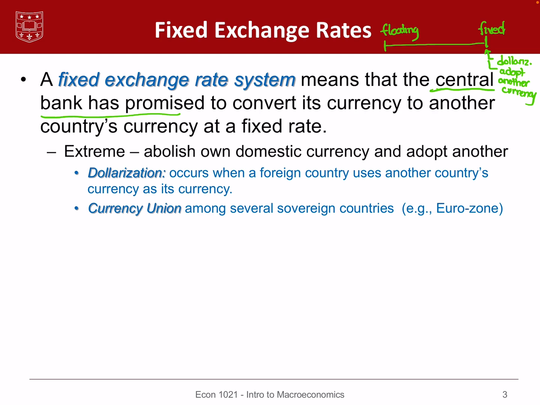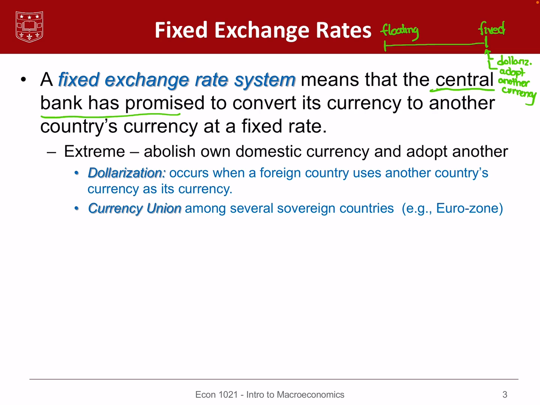But there are other instances where countries have fixed exchange rates and adopted the currency of another country other than the US dollar. I posted a very long, kind of nerdy IMF report in Canvas, and if you were really curious or couldn't sleep, perhaps you could look at that and see the different ways in which countries manage their exchange rate system.